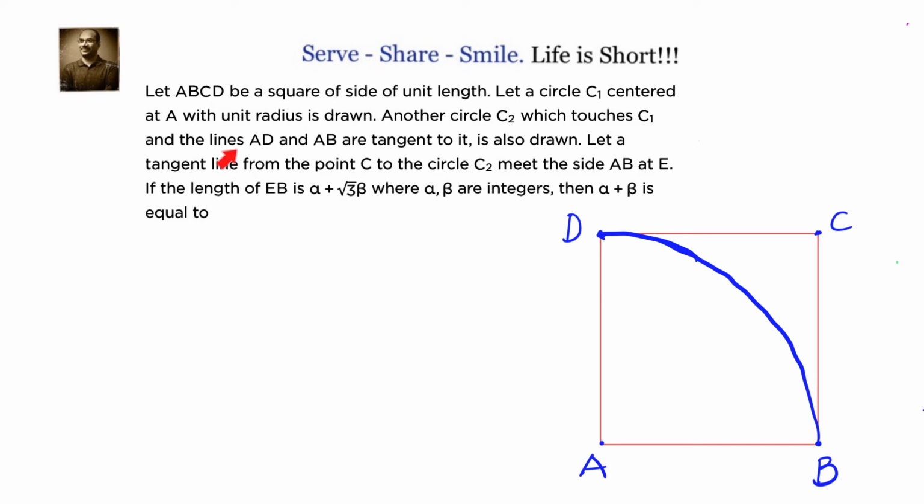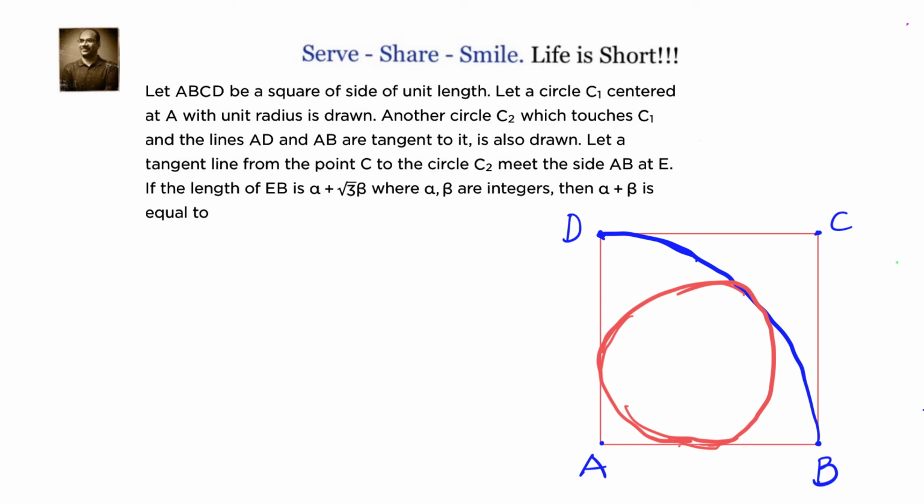Now we have another circle C2 which touches this circle whatever we have drawn and also AD and AB. So that will be touching this circle internally. So let us try to draw the circle C2. C2 should touch the circle C1 and it should have AD and AB as tangents to the circle.